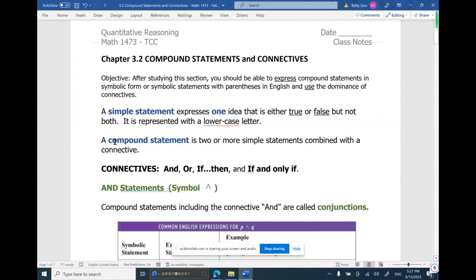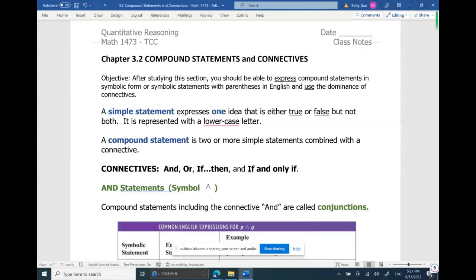A simple statement expresses one idea that is either true or false, but not both. We use a lowercase letter p, q, or r to represent a simple statement. Sometimes we encounter statements including more than one simple statement, and those simple statements are connected with logical connectives.